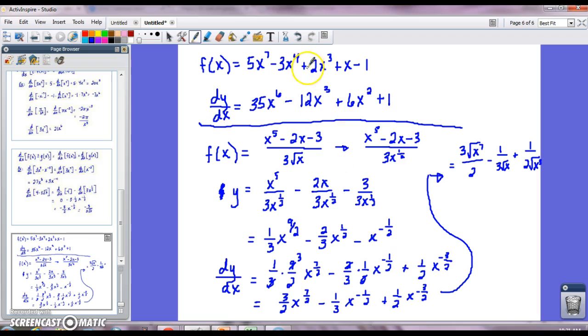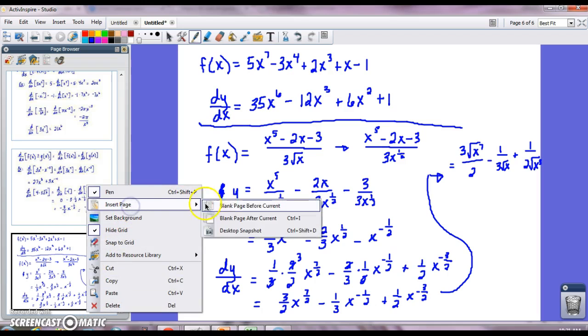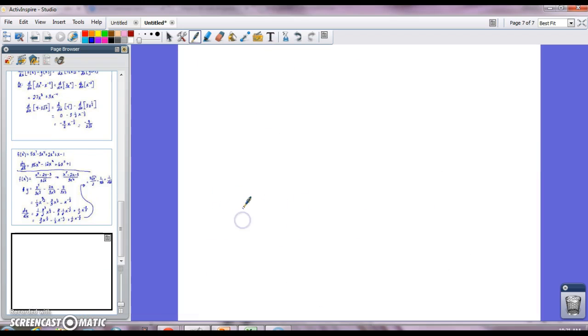Okay, so that would just be another way to write that out. So it's a little bit different when you're dealing with polynomial functions versus rational functions. Just basically turn that rational function into something that resembles a polynomial function, and then you can follow your rules of differentiation. One other problem that I do want to talk about briefly is when we're talking about horizontal tangent lines.